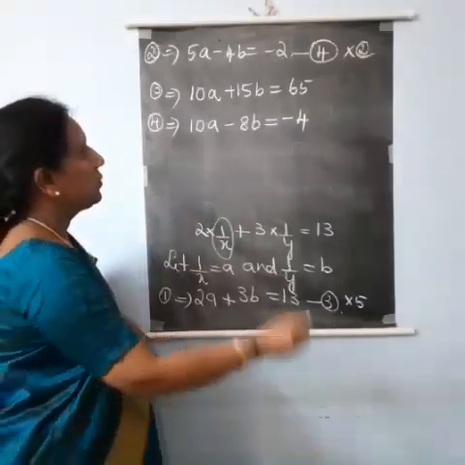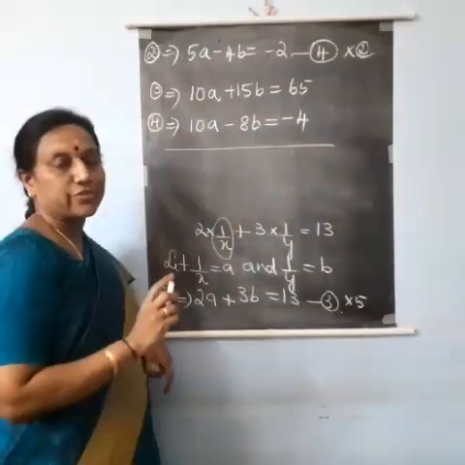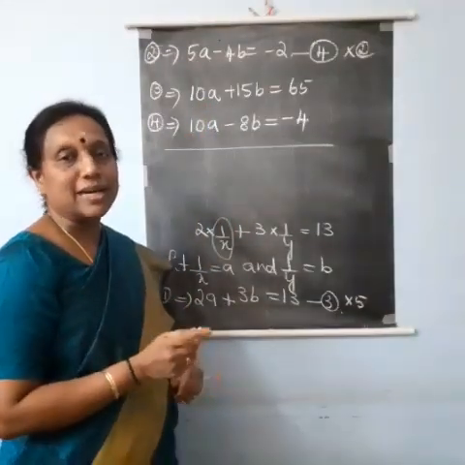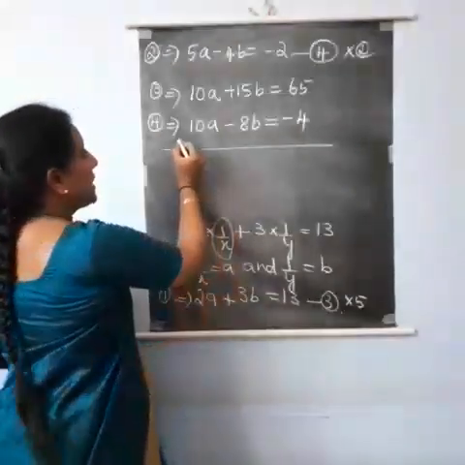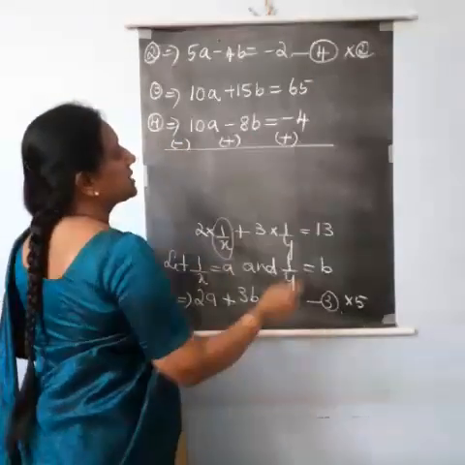Now let us see how we can solve it. I have to subtract, right? The coefficients of a are the same. So to get rid of that, I have to subtract. So when I am subtracting, I have to change the sign throughout. So what will this become?